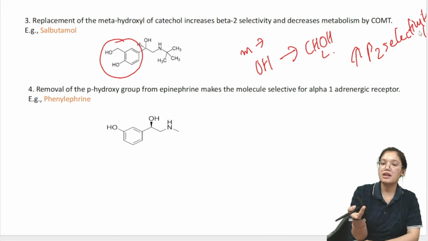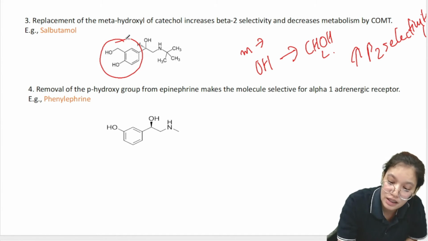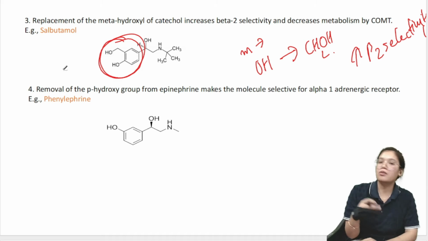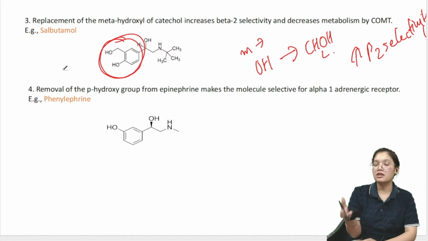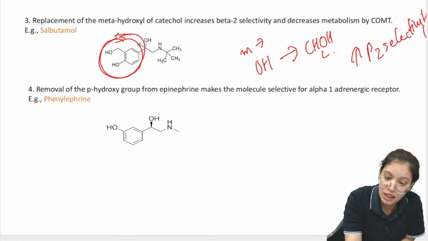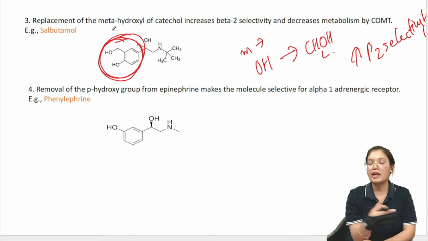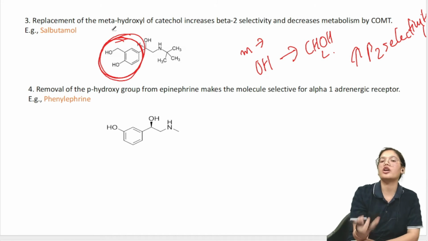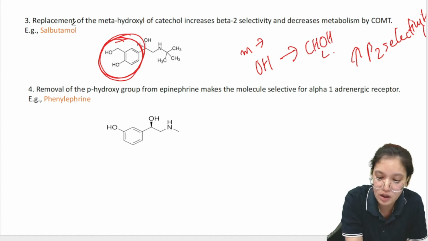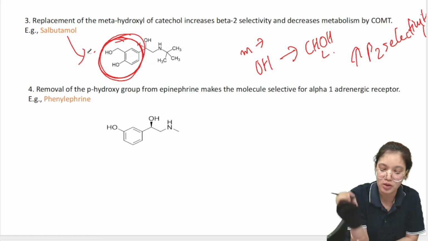Why the decrease in the metabolism by COMT? As COMT is responsible for the metabolism of catecholamines, and now we have made a change in this catechol ring, it is no longer a catechol ring, so it will not be metabolized by COMT. Now this is salbutamol.